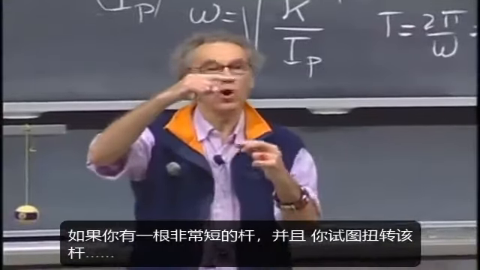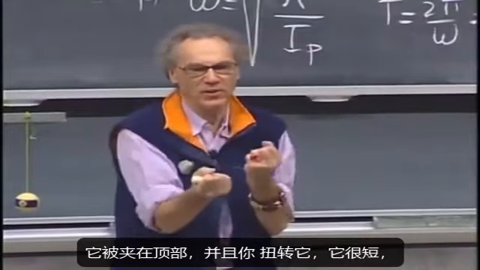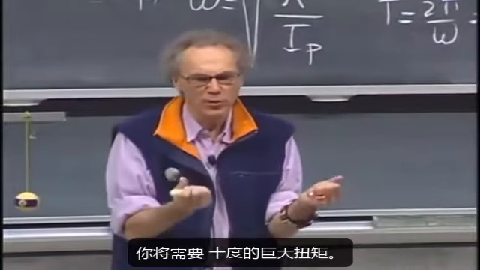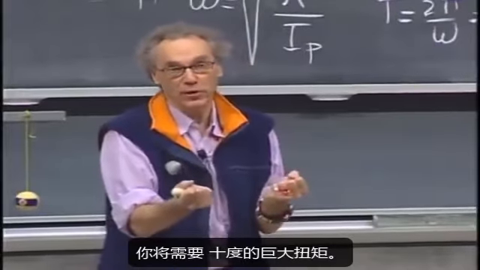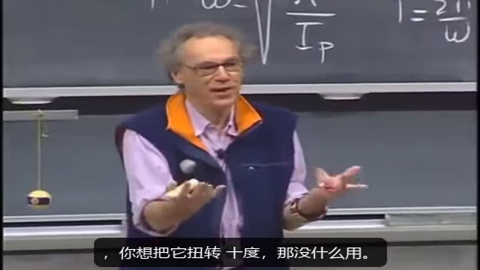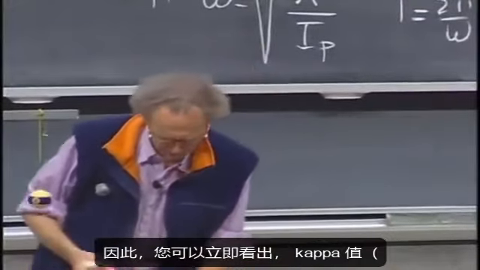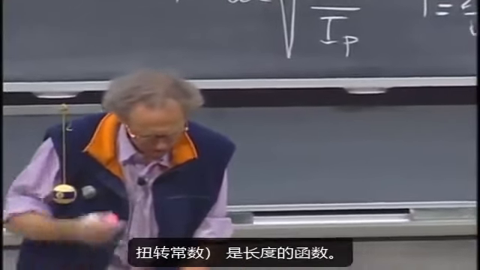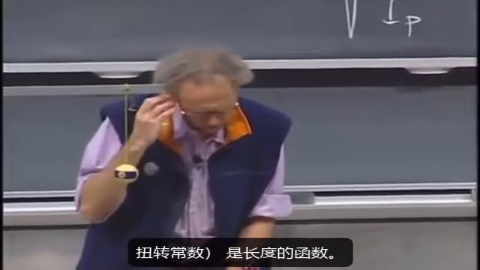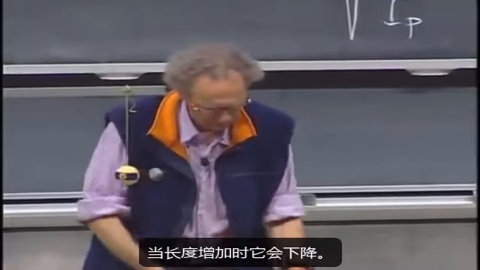If you had a very short rod, clamped at the top, and you try to twist it, you would need a tremendous torque for 10 degrees. If you make the wire 100 meters long, and you want to twist it 10 degrees, it takes nothing. So you can immediately see that the value for kappa, the torsional constant, is a function of the length. It will go down when the length goes up.